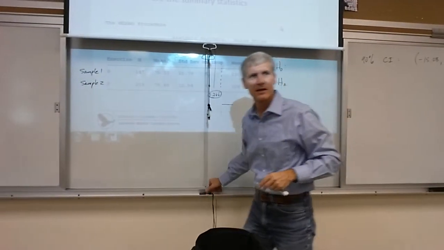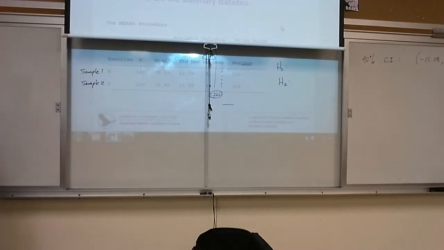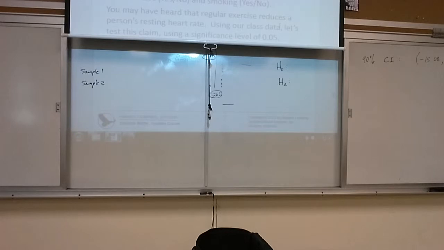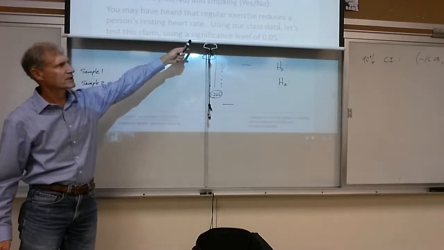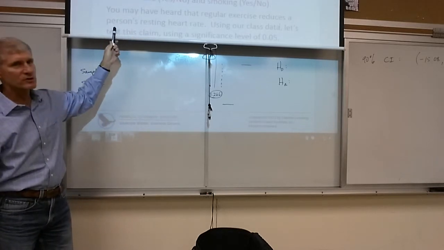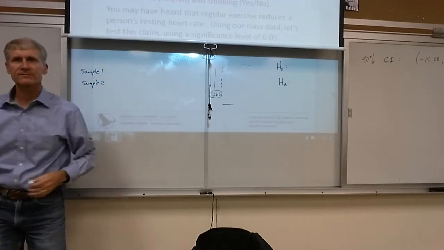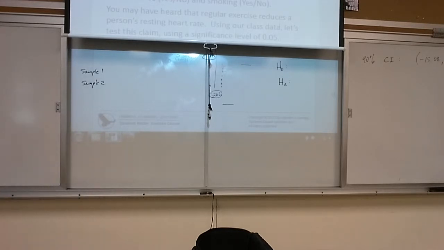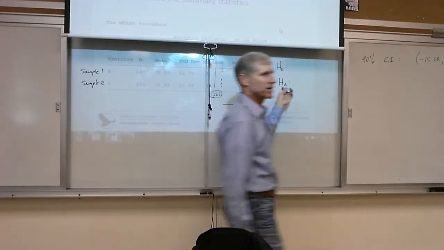Alpha? So test the claim using significance of 0.05. Exercise reduces heart rate. Write your null and alternative hypotheses first. And make sure you can get that right.